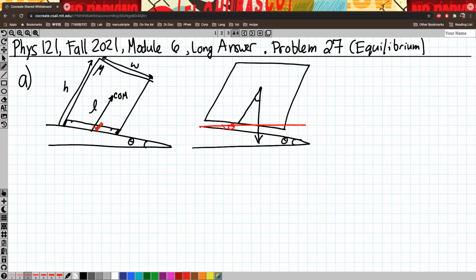Yeah, the center of mass is midway between the left and right sides, so this length and this length are equal.